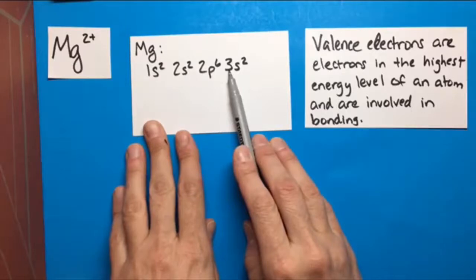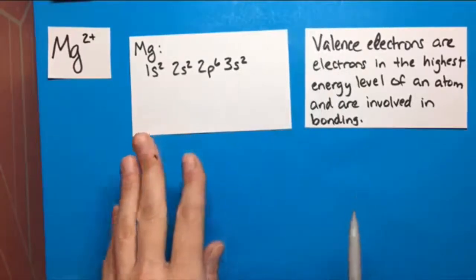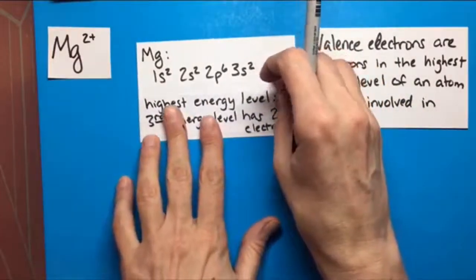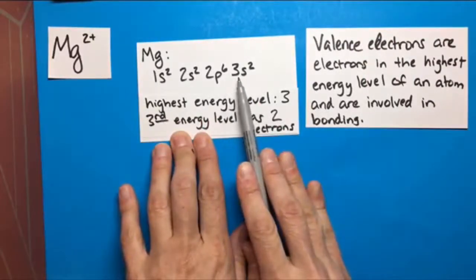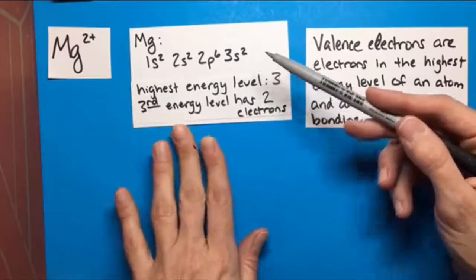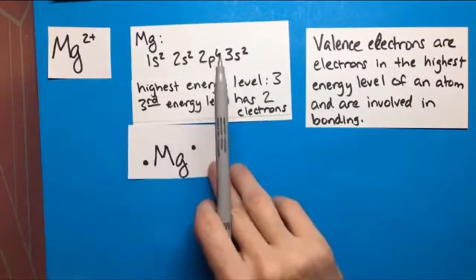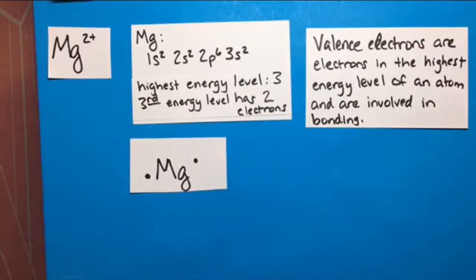The highest energy level in magnesium is energy level 3, and in this third energy level we just have 2 electrons. So magnesium has 2 valence electrons in its electron configuration. And we can use a Lewis dot structure like this to represent those outer electrons, those valence electrons.